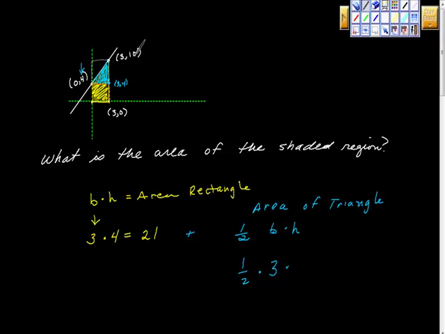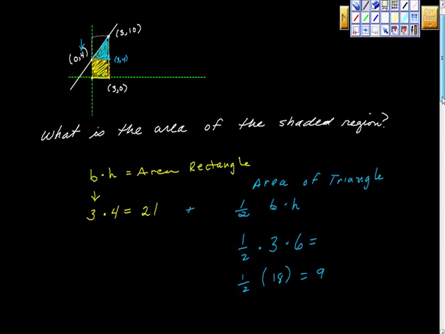To find the distance, we subtract the second height from the first one, and so we get 10 minus 4 is 6. So there's that height. Here's the 1/2, right? 3 times 6 is 18, times 1/2 is 9.